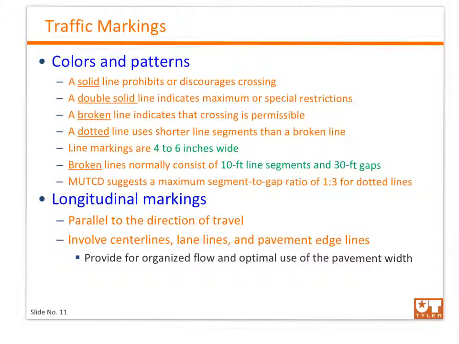A broken line indicates that crossing is permissible. In so many cases we see broken or dotted lines more than continuous or solid lines, to indicate that it's allowed to shift or change lanes.